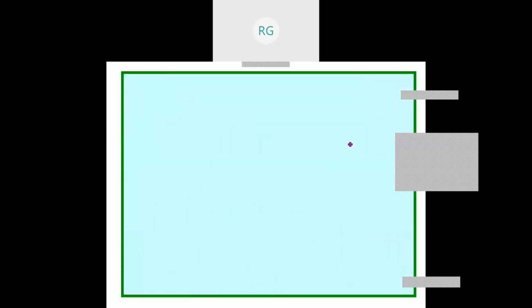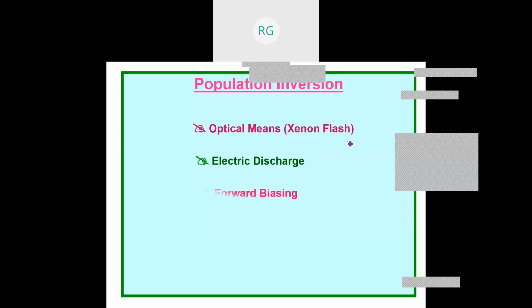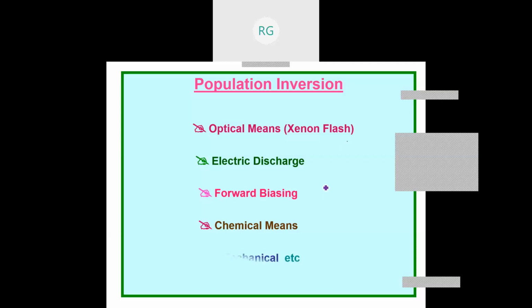So the first important aspect is population inversion, which helps us get lasing action. But population inversion can be obtained by different means. You can excite the atomic system using a flashlight or xenon light, an electric discharge like tube lights, a forward bias just like a diode, chemical means, or mechanical means.